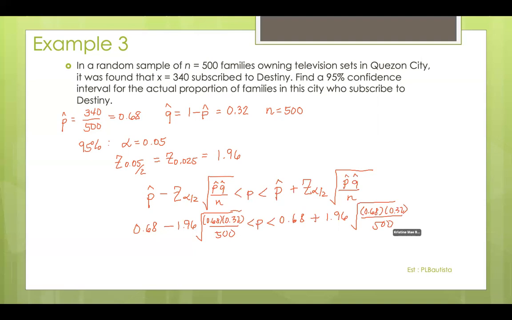You can try to verify that the answer to this is 0.6391 and 0.7209. So we are 95% confident that the interval 0.63 up to 0.72 will be able to capture the true proportion of families in the city who subscribe to Destiny. So we went from a point estimate of 0.68. We extended that to an interval of 0.6391 to 0.7209. And this is with 95% confidence.